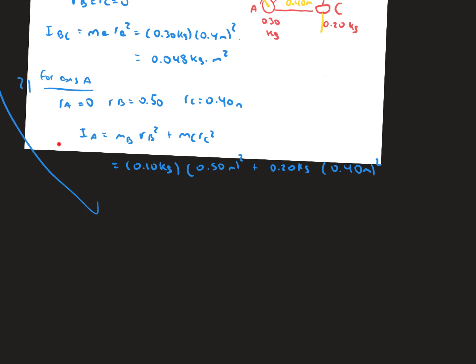That means that the moment of inertia about A equals m_B r_B squared plus m_C r_C squared. That should be 0.10 times 0.50 squared plus 0.20 times 0.40 squared. And that should give us 0.057 kilograms per meter squared.